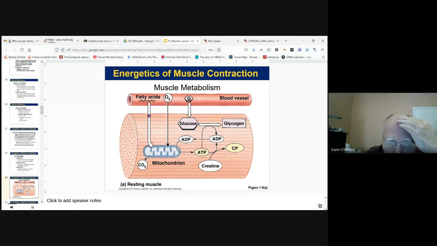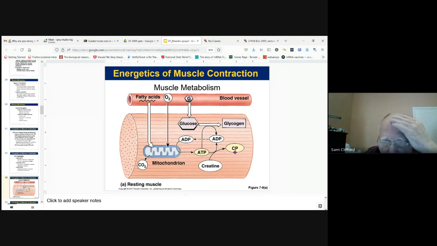So the mitochondria in the muscle fibers has to take glucose, produces CO2, and that produces ATP and creatine phosphate joining to creatine and a phosphorus.